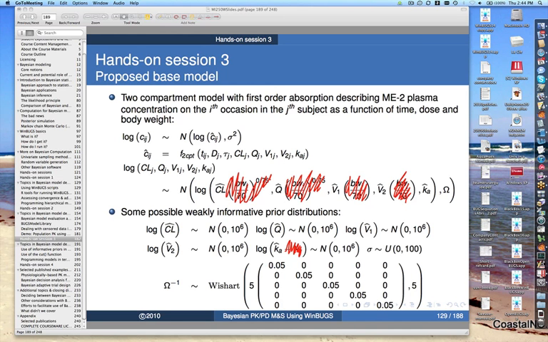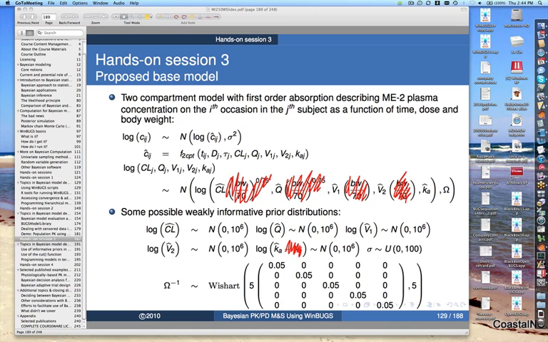One question I got is, why is F1 specified as 1? Can't it be estimated? For the particular data set we have here, no, it can't. And in fact, it's unstated here, but what I'm assuming is that I'm really estimating not clearance, Q, V1, and V2. I'm actually estimating clearance over F, Q over F, V1 over F, and V2 over F in this instance.